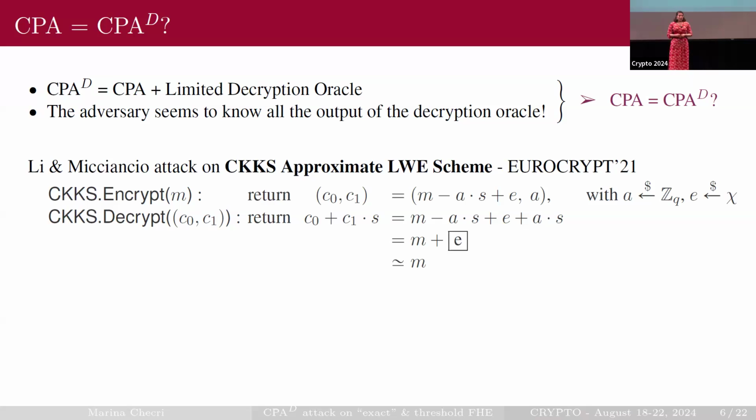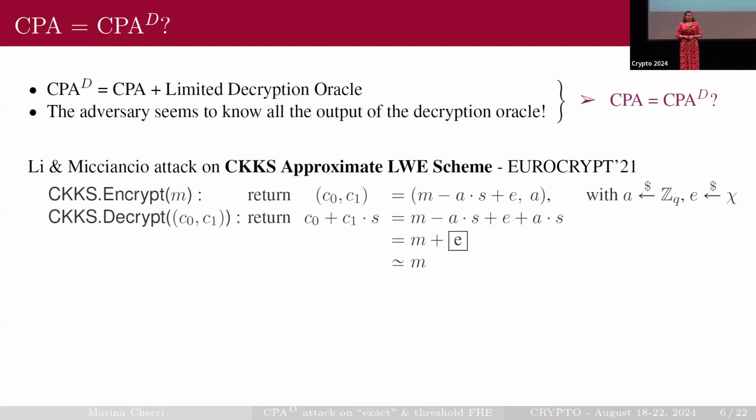In this scheme, an adversary who has access to a decryption oracle can just recover ciphertext noises, get a linear system with the secret key as the only unknown, and then recover this key, which is bad, bad, bad.